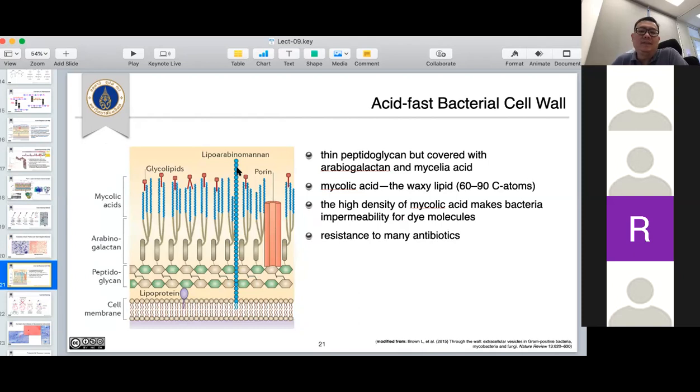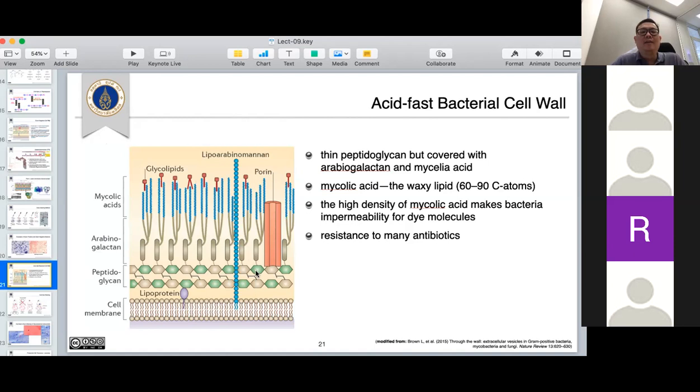This is the molecule found on the cell wall of acid-fast bacteria. And they have a layer of arabinogalactan. They never possess an outer membrane, but have porin.